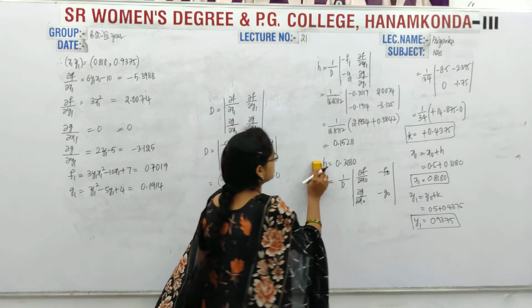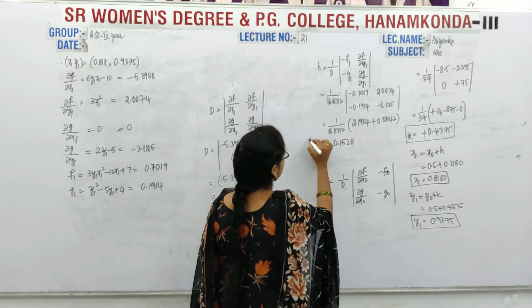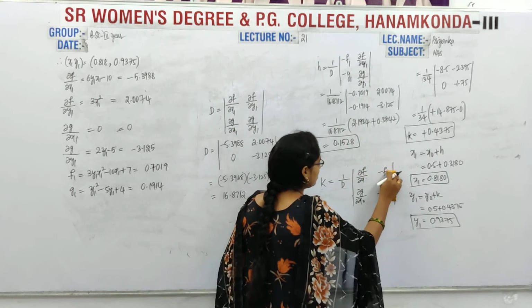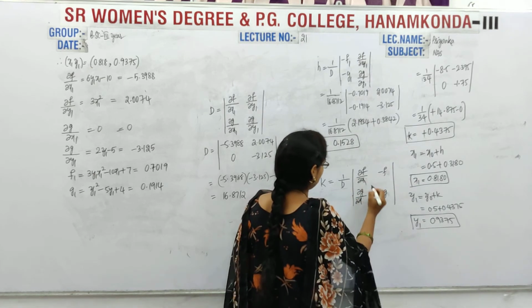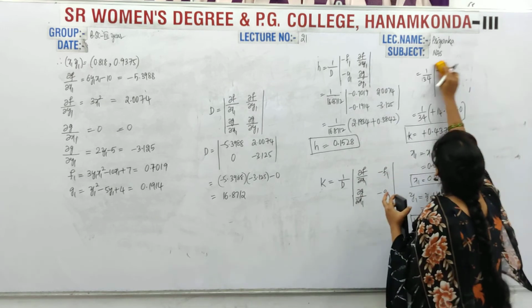Okay. Next, here I have that H value. This is H. Next, K. K means the same thing, just we have to replace the first column with the second. Now here what I'll get?